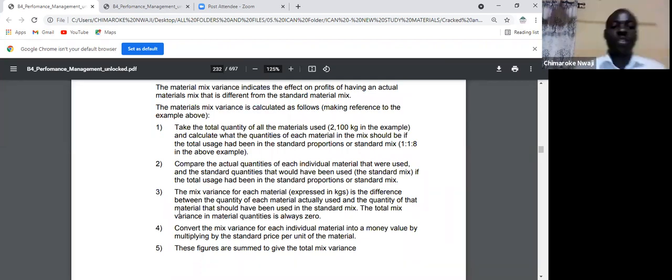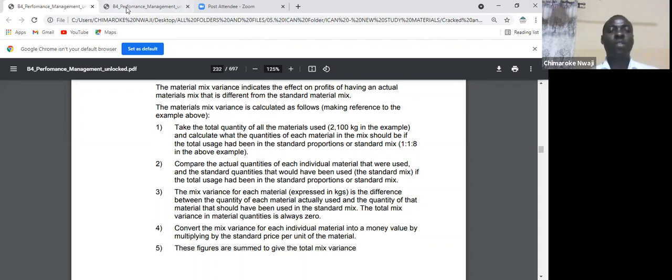We're going to see it in the question. Then we're going to convert the mix variance for each individual material into money value by multiplying by the standard price per unit of the material. These figures are summed to give a total mix variance.